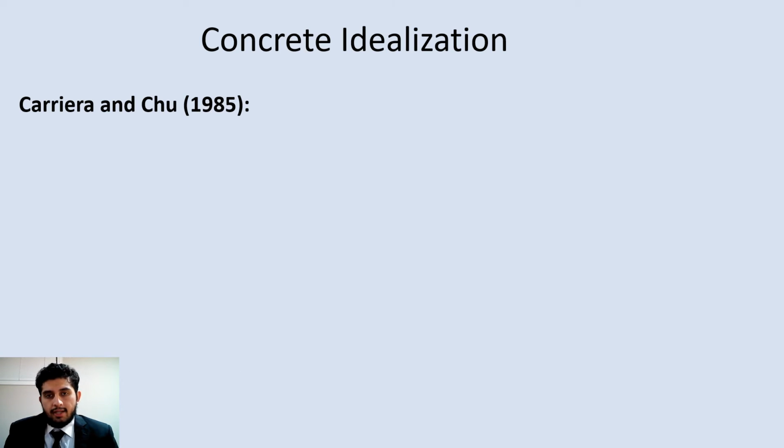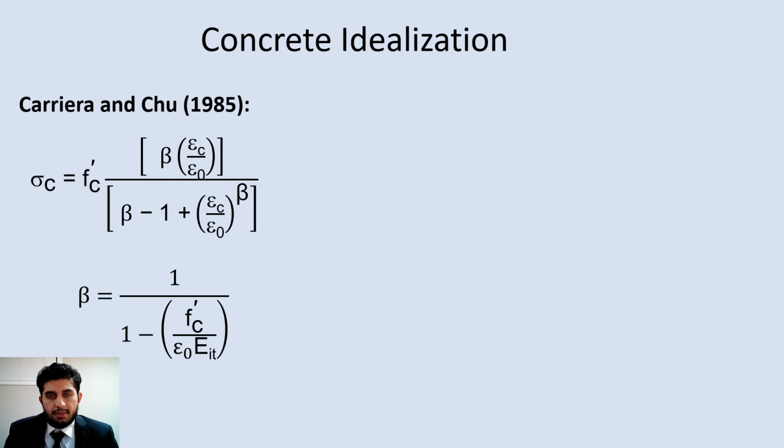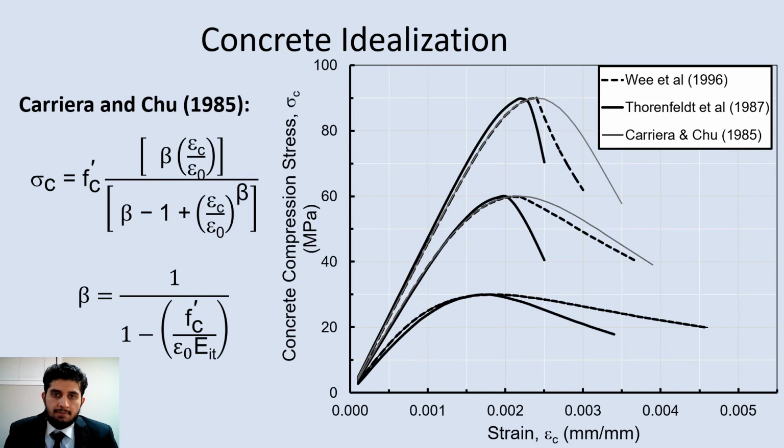As for the concrete idealization, the one we used was Chu 1985, which is a function of f'c, the concrete compressive strength, epsilon c, the concrete strain, and epsilon naught, the strain corresponding to f'c. We also have beta, which is a function of Young's modulus and f'c. We used multiple idealizations and plotted the stress-strain curve, with strain plotted on the horizontal axis and stress on the vertical axis.